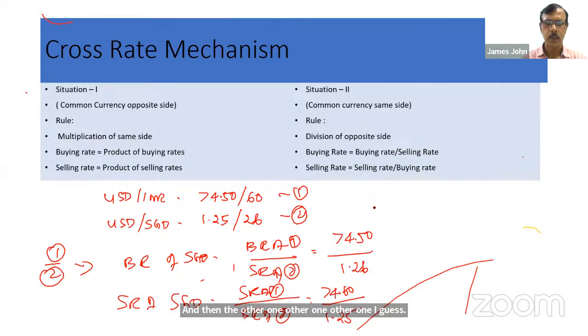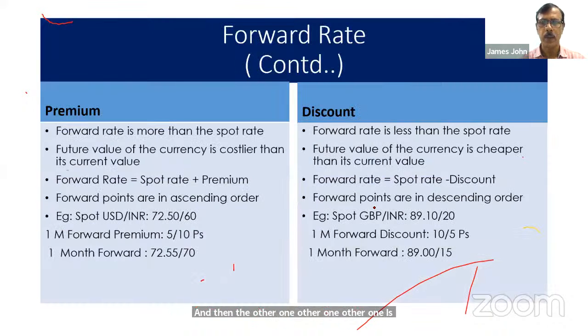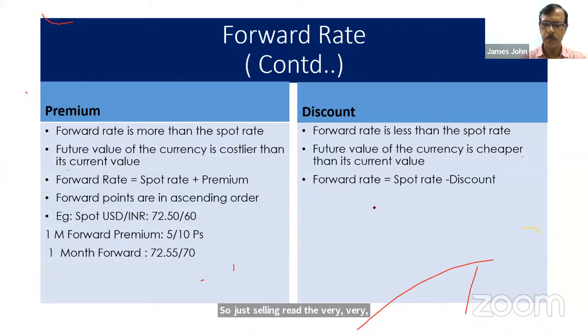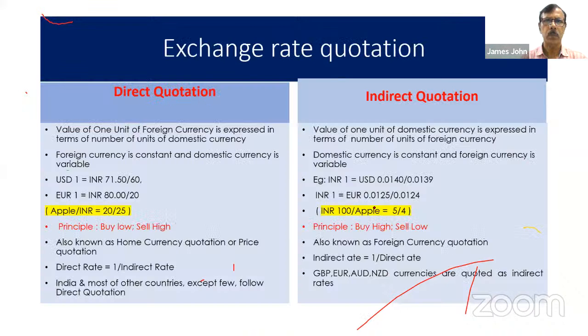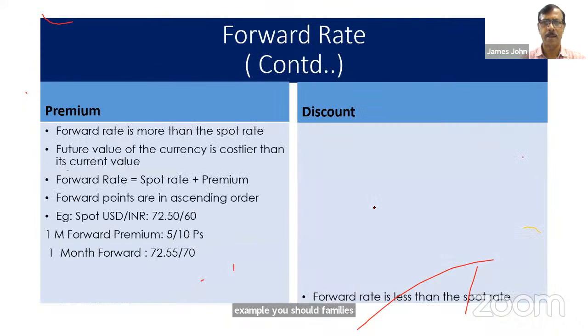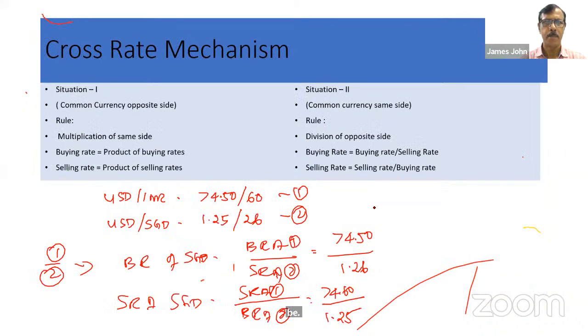The previous one, where you showed the example, the BR, SR. Sir, he is asking about the cross rate. SR and BR. SR means the selling rate.